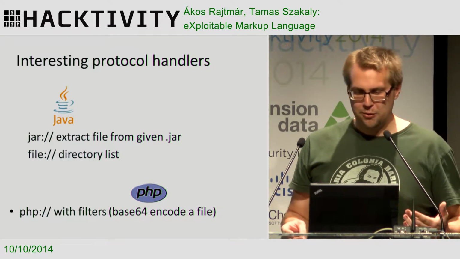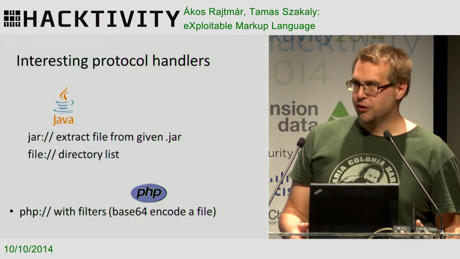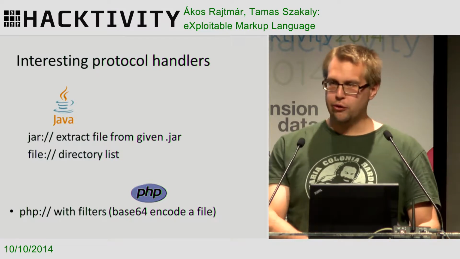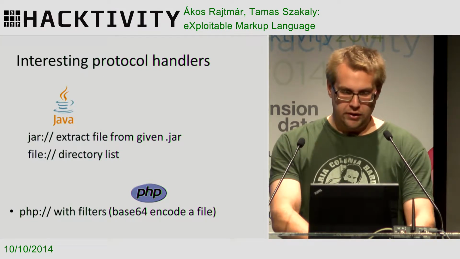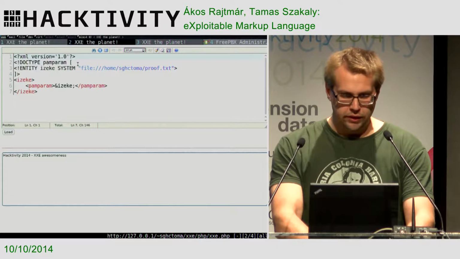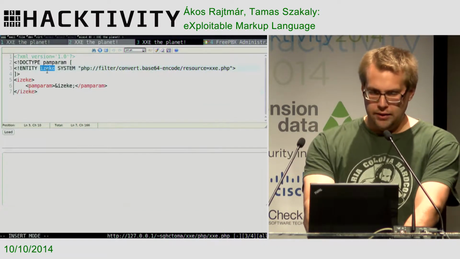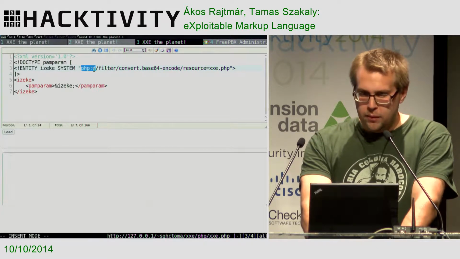where, well, if you have ever executed web-based attacks, you may know about this from local file inclusions. There's a base64 encoding filter which works just the same for XXE. Let me show this to you. Here we have the variable once again.